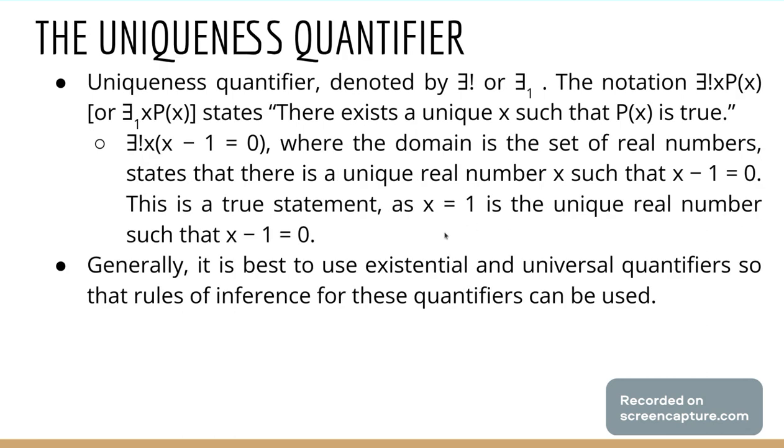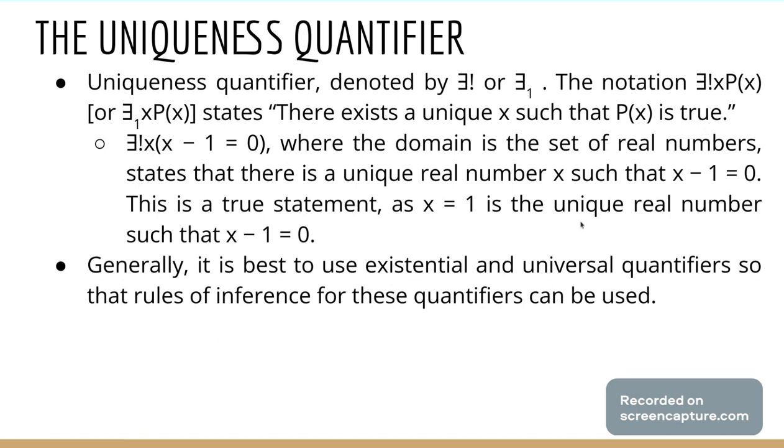Now, this is similar to the existential statement, but in the existential statement, I told you that you need to have at least one, so one or more values are possible. In the uniqueness quantifier, which is denoted by there exists exclamation mark or there exists subscript 1, there exists a unique value, that is, there is only one value for which the predicate is true.